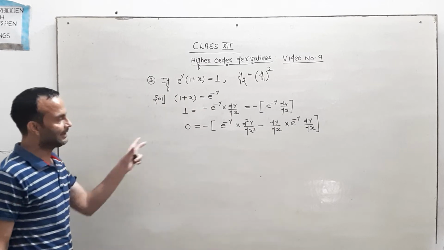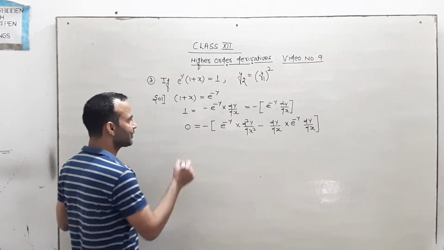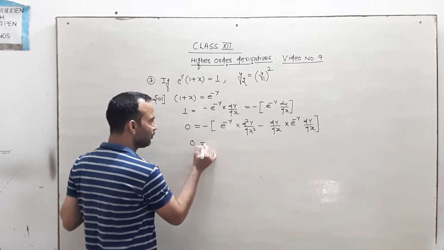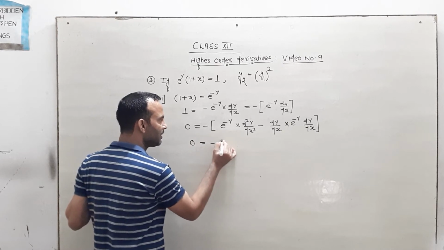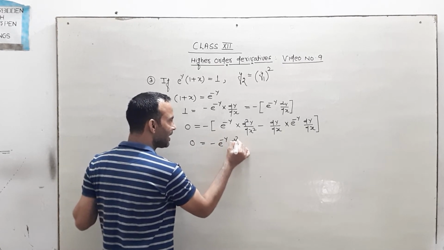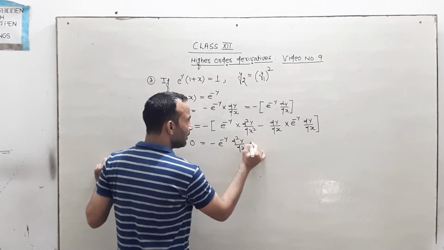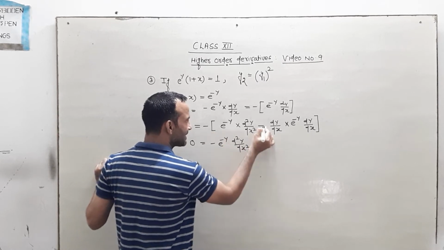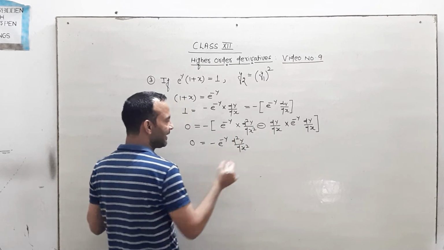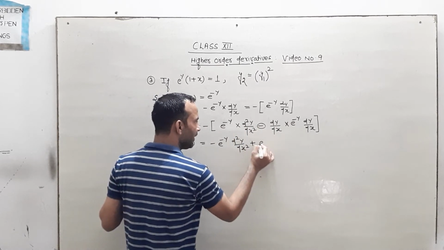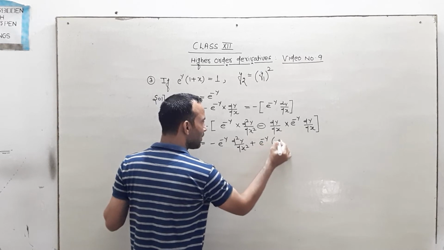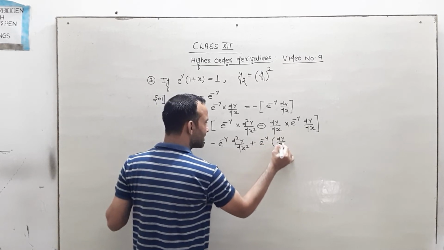I hope you understand this concept. Now see, 0 is equal to negative e raised to the power minus y d square y over dx square. Due to this minus sign, this sign gets converted to plus e raised to the power minus y square of dy over dx.